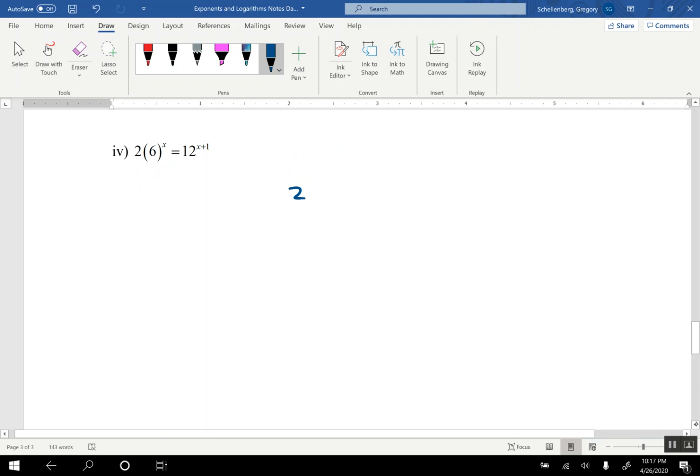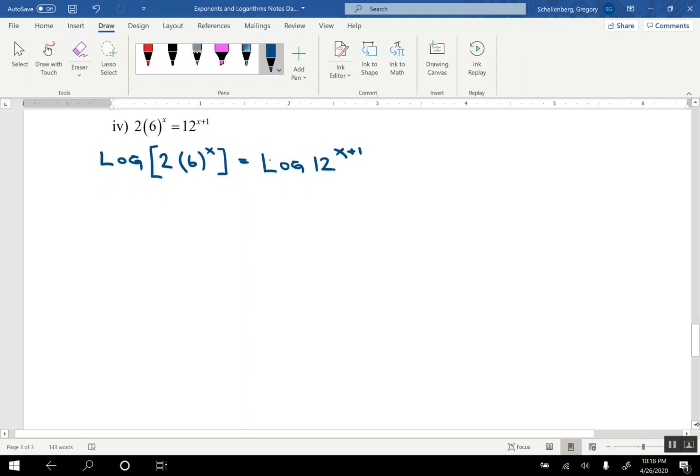So what we're doing is we are logging both sides, and I'll just try to be very explicit here about what's happening on the left-hand side. So on the left-hand side, we have the log of, now our argument is 2 times 6 to the x. Okay, on the right-hand side, we have the log of 12 to the power of x plus 1.